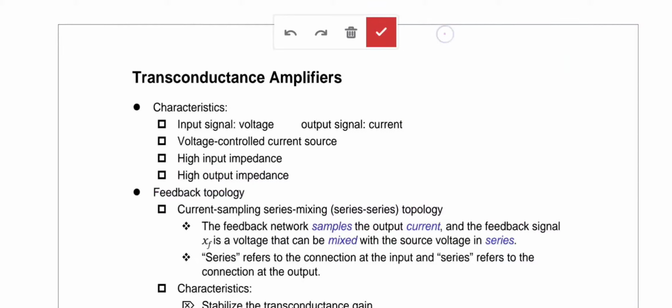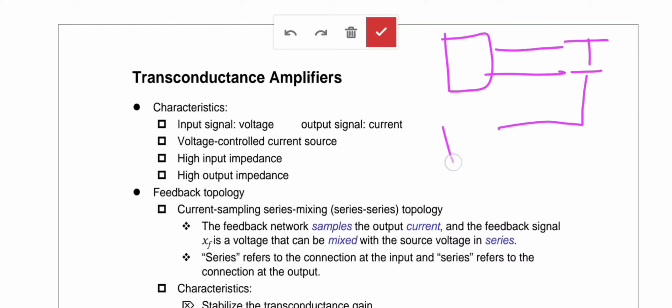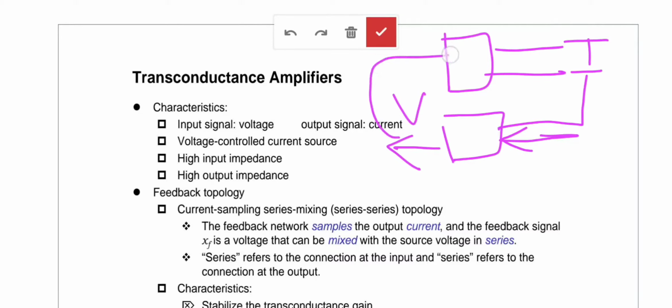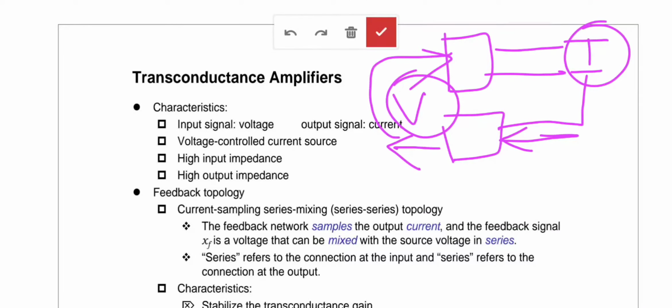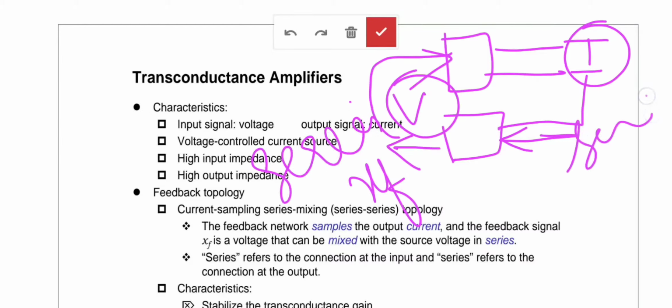So the amplifier will have a current that will be given to the feedback network, and the feedback network output should be a voltage that is mixed here. This feedback signal XF is nothing but a voltage. Since input is voltage, it is series, and output is current, so it is series. Series refers to connection at the input and series refers to connection at the output. So it is a series topology.